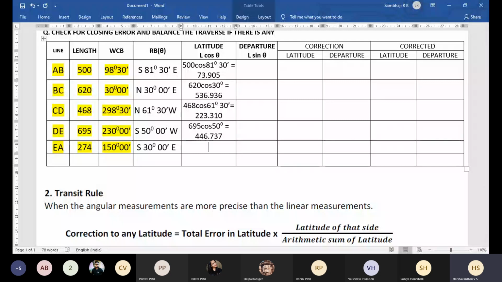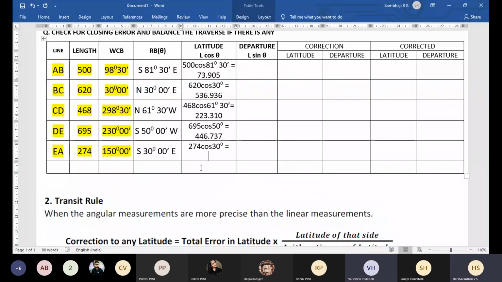Last line, the length is 274 and cos of theta is again 30 degrees, which gives 237.290. Next, we will similarly calculate the departure values.